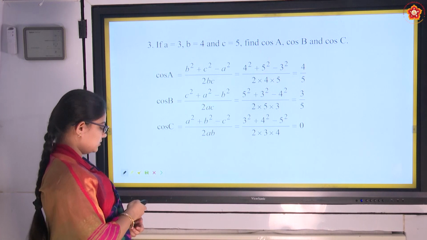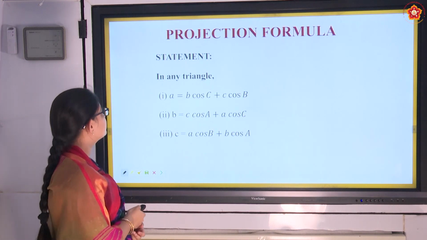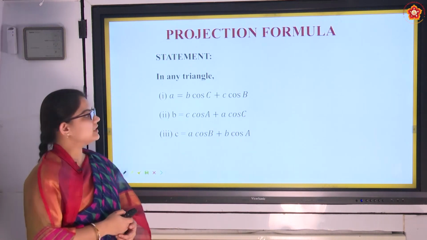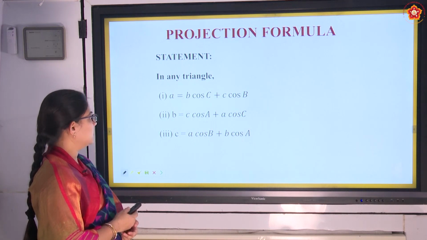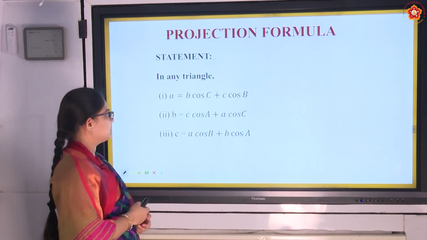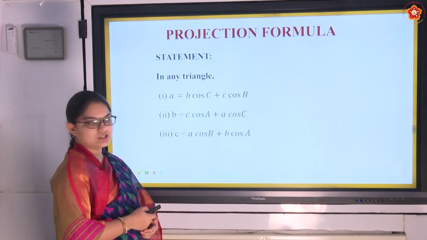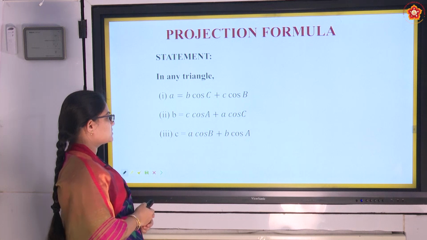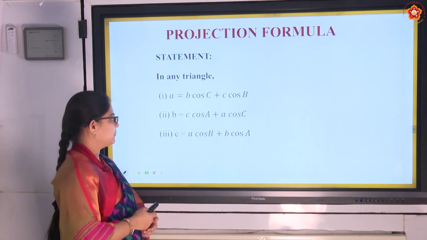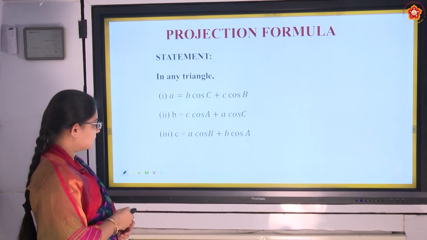Now let us move on to the projection formula. The projection formula states that in any triangle, a is equal to b cos C plus c cos B, b is equal to c cos A plus a cos C, c is equal to a cos B plus b cos A. Now we can prove that.